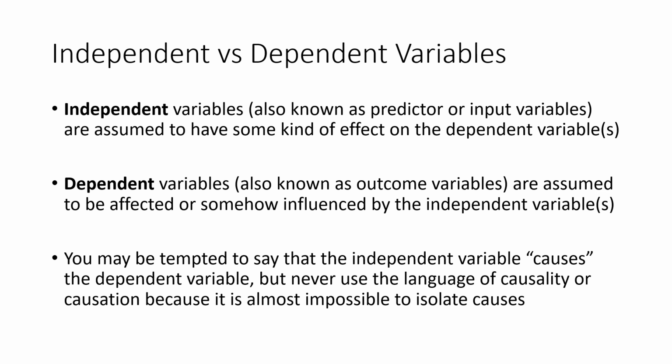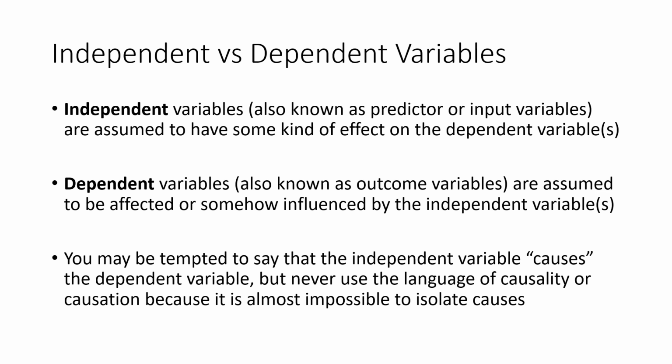Now you might be tempted to say that the independent variable causes the dependent variable, but you have to avoid this kind of language. This kind of language implies causality or causation, and the problem with social science research is that it's virtually impossible, it's possible but virtually impossible, to establish causation.